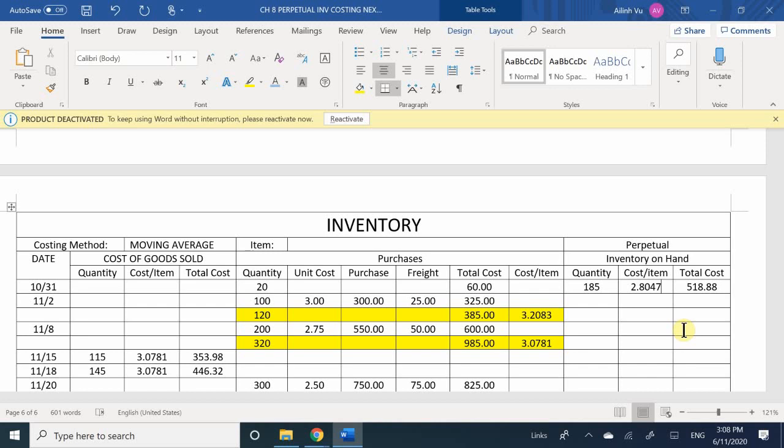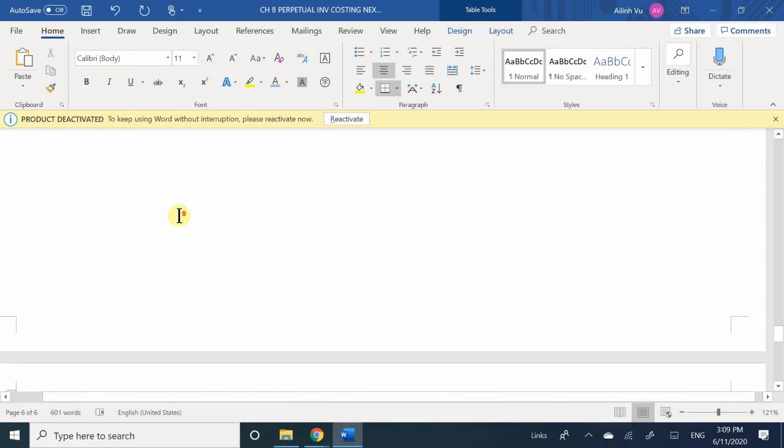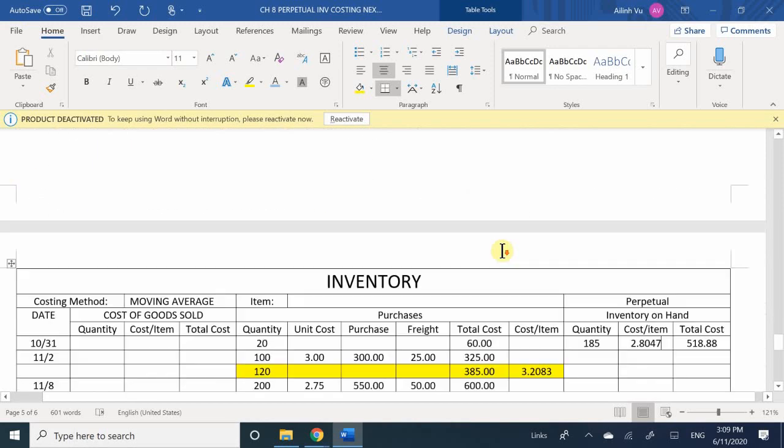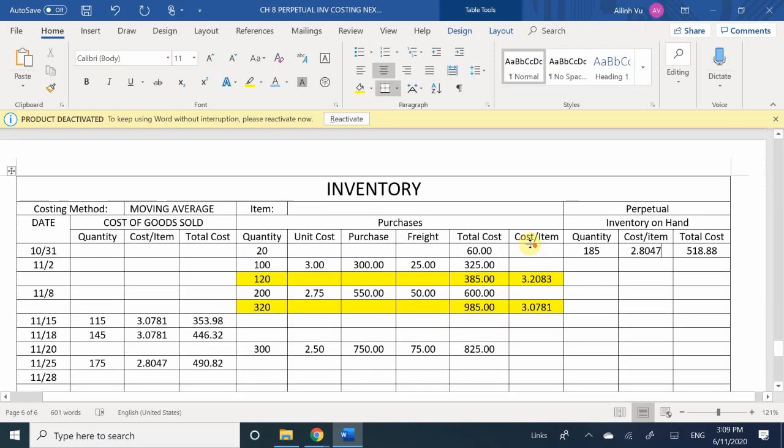So for this example, since I stated to round to the fourth decimal, we will go ahead and round up. For Excel, your answers will be off by a couple pennies, and that's fine because you actually are having the more accurate answers.